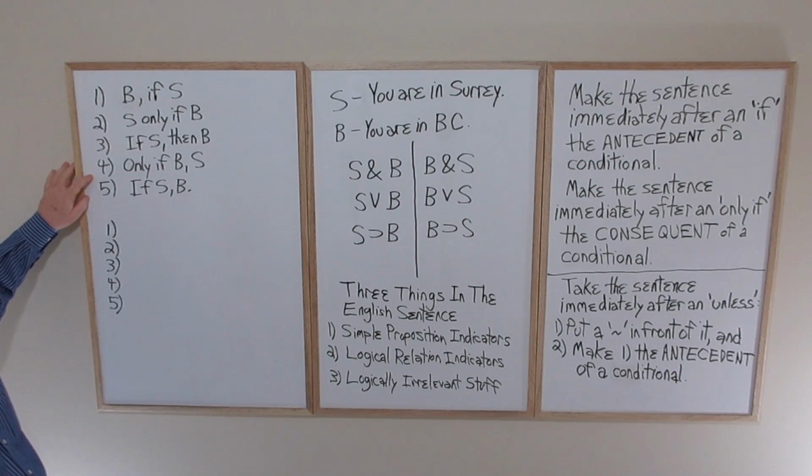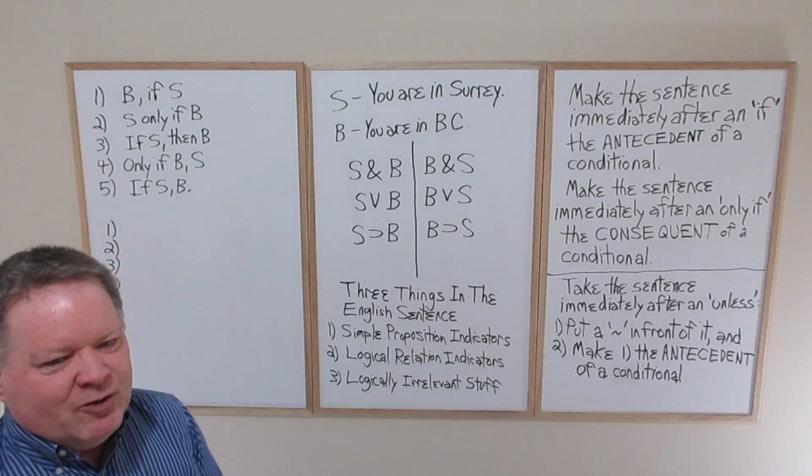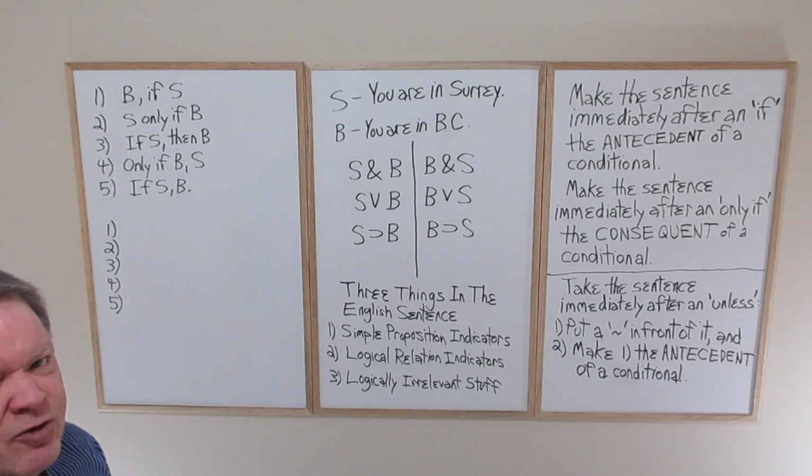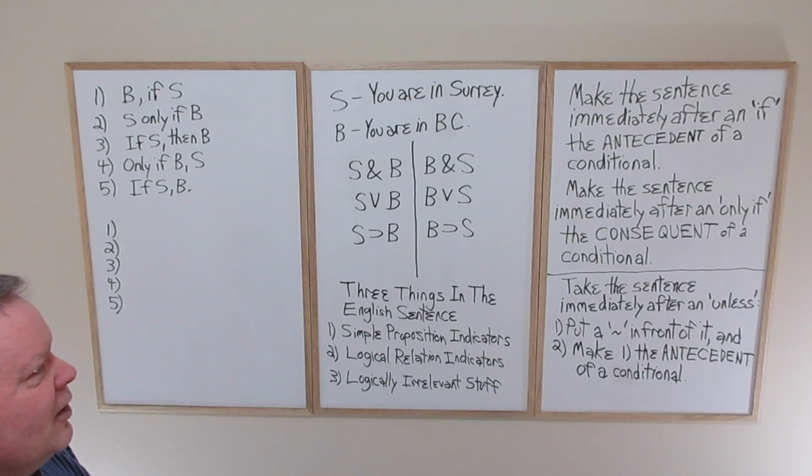Only if you're in British Columbia are you in Surrey. If you're in Surrey, you're in British Columbia. How do we symbolize these sentences? It turns out that there are just a couple of straightforward principles we need to be aware of in order to correctly symbolize sentences like these.